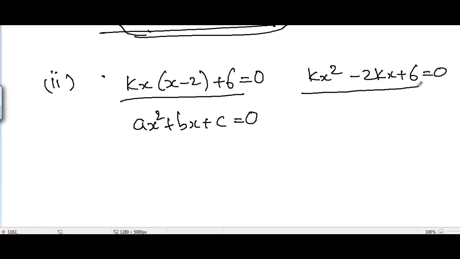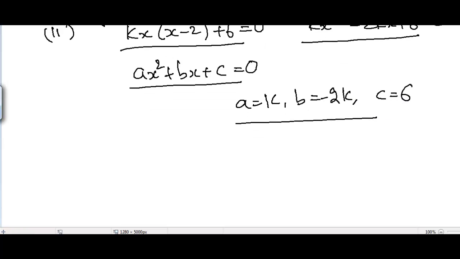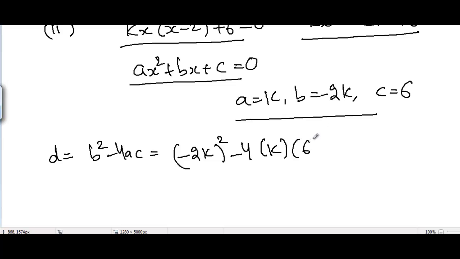Now comparing this equation with the general equation, I get a equal to k, b equal to minus 2k, and c equal to 6. So the discriminant D is equal to b squared minus 4ac, which is minus 2k squared minus 4 times a, which is k, times c, which is 6, and it's equal to 0 because it's given that roots are equal.